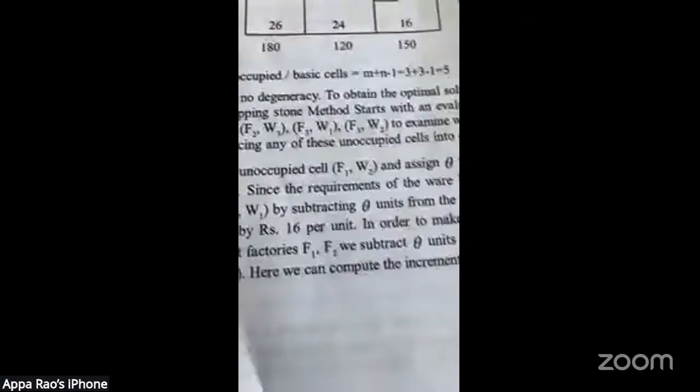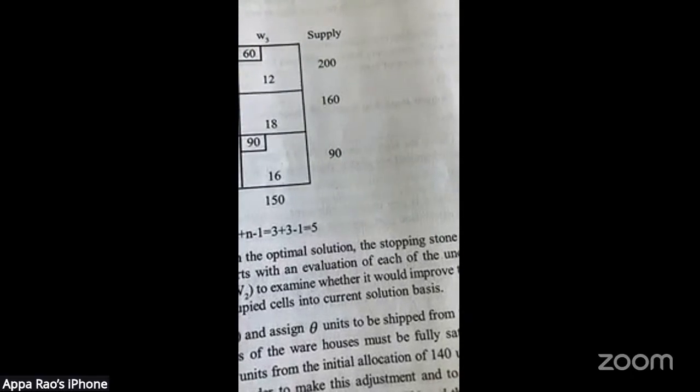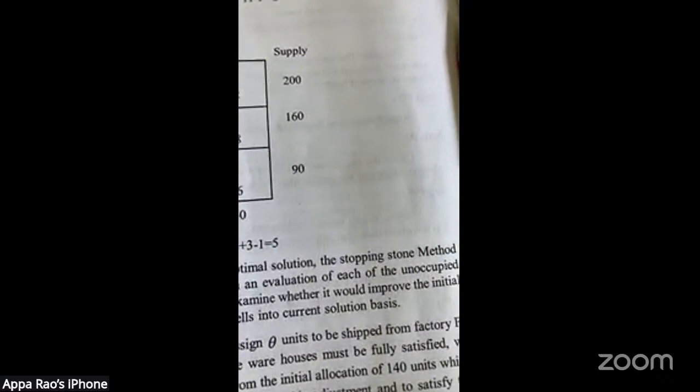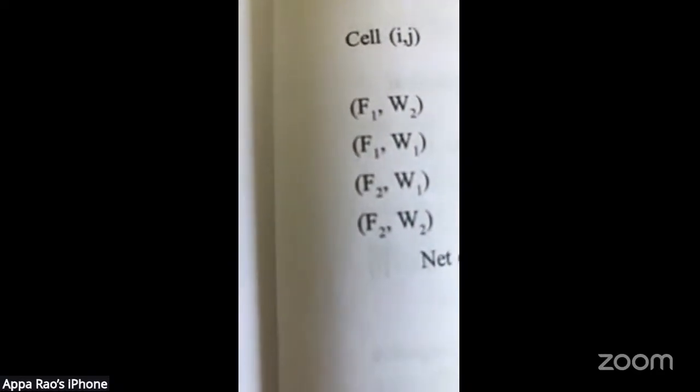The cells, I comma j: F1 W2, F1 W1, F2 W1, F2 W2.